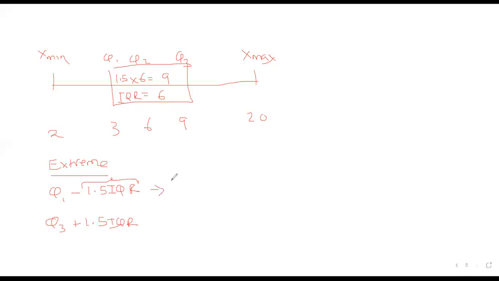So what are we doing here? To this 3, what are we subtracting? A 9, or 1.5 times the interquartile range, which we found as 6. The same as 3 minus 9, which is negative 6. So you can draw your number line if you want to identify where the negative 6 is. Negative 6 is somewhere here.